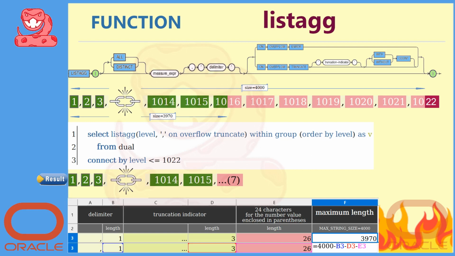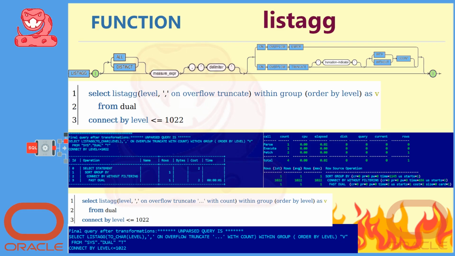We see that with this length, the number 1016 no longer fully fits, and therefore, starting from it, the subsequent 7 elements are truncated. The actual query execution plan shows that if the default with count construction is not specified, Oracle will add it automatically.